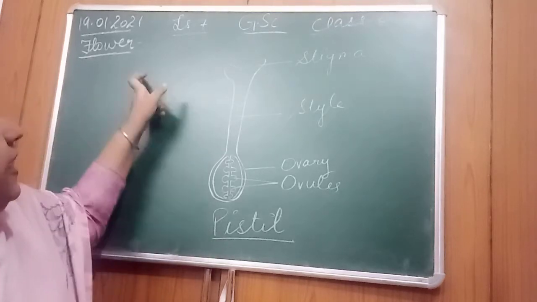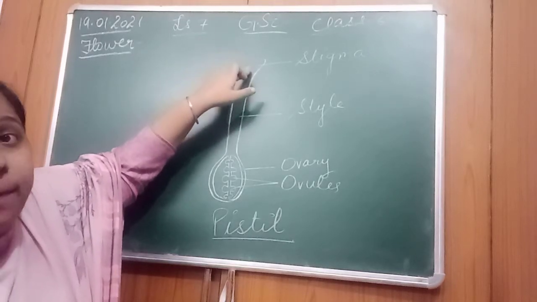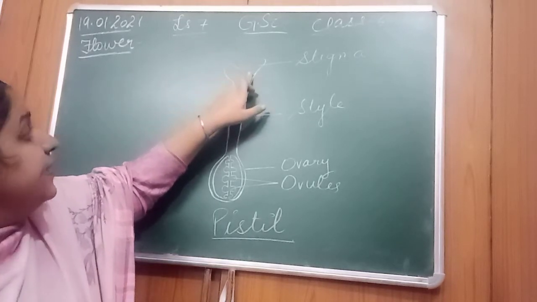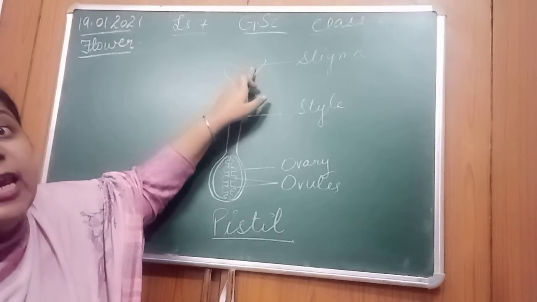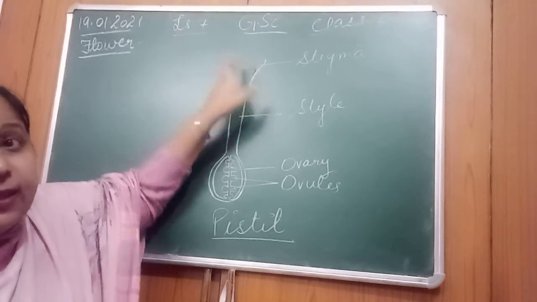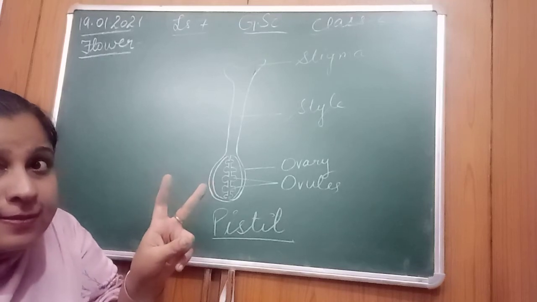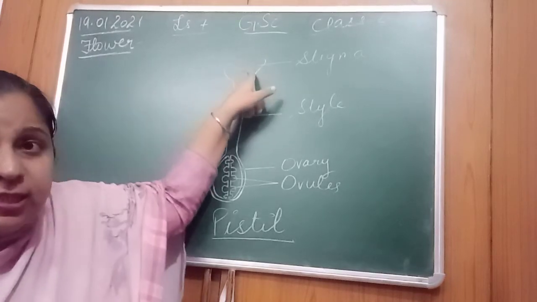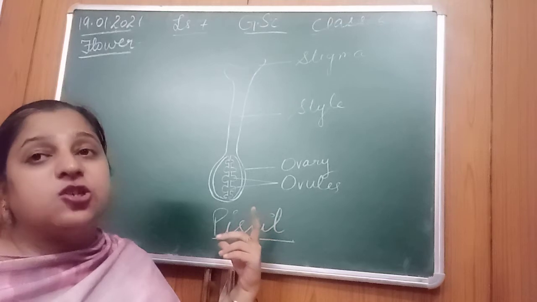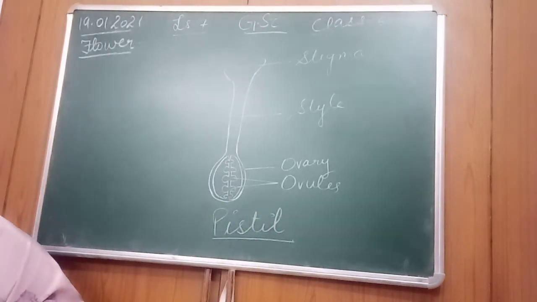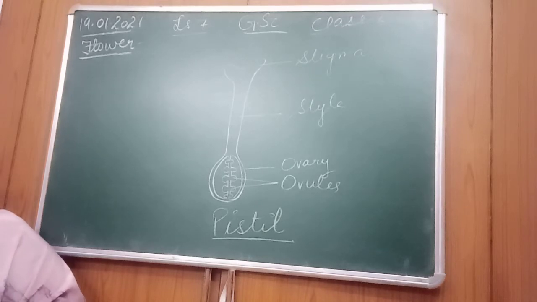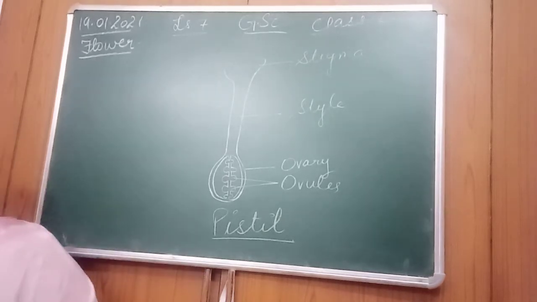When anthers or pollen grains reach here, this process is known as pollination. There are two processes. One is pollination, other is fertilization. Okay. Now, बच्चे, hope this is clear to all.